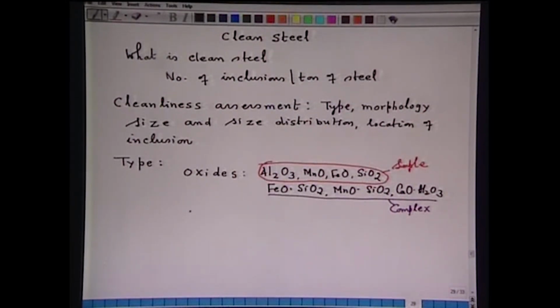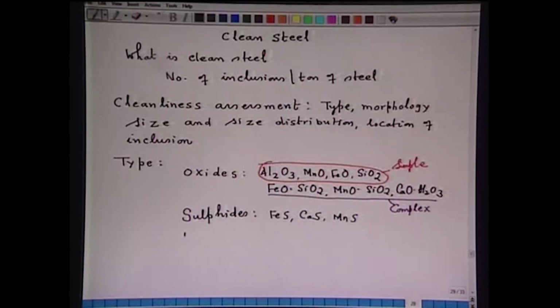Another example, sulfides. The examples of sulfides are, for example, FeS, calcium sulfide, MnS, or could be even complex type of sulfides, FeS, MnS, or CaS, MnS, or whatever.